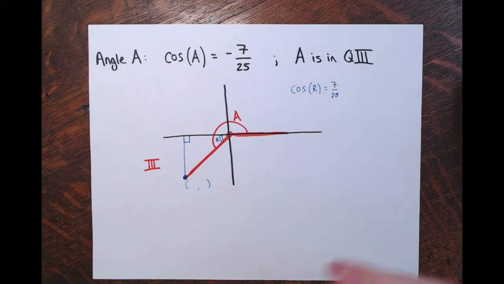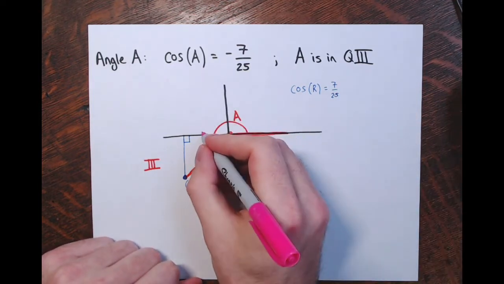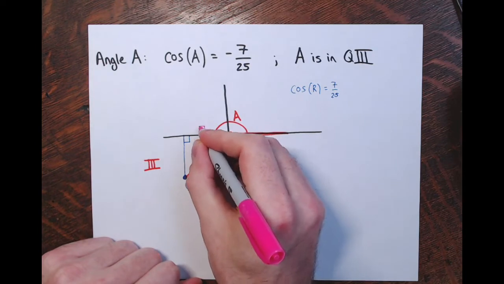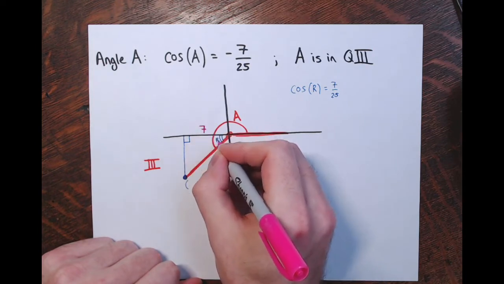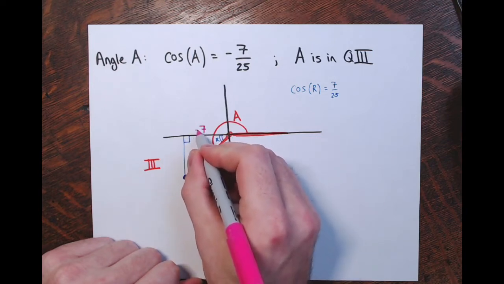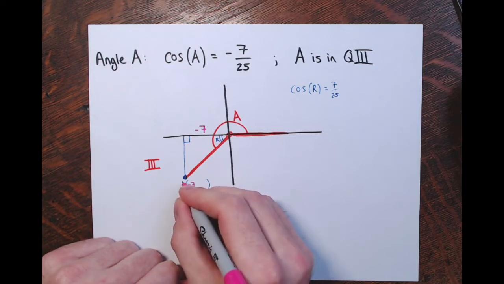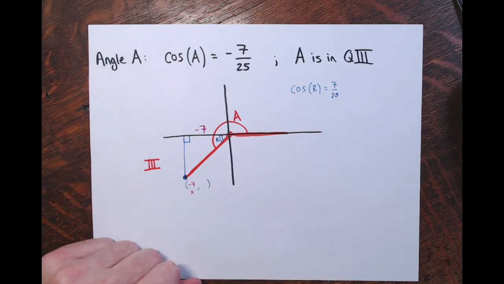All right. So the side lengths of this right triangle. Remember, cosine in a right triangle is adjacent over hypotenuse. So this adjacent length, the length adjacent to the reference angle, is 7, and because it's left of center, I'll just call it negative 7, and there's the x-coordinate of this point I chose, negative 7.